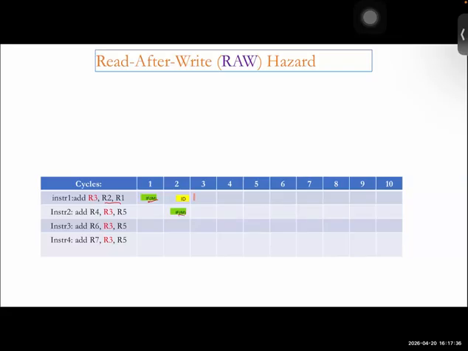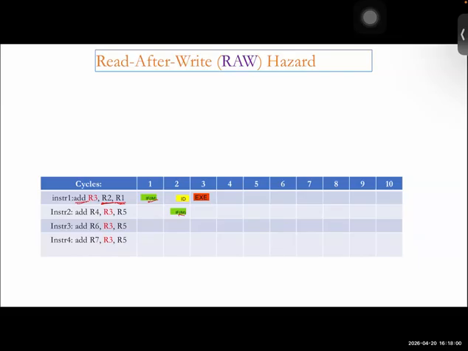In the third cycle, instruction 1 moves from the instruction decode stage to the execution stage, where the ALU takes the inputs from the R2 and R1 registers to perform the add operation.